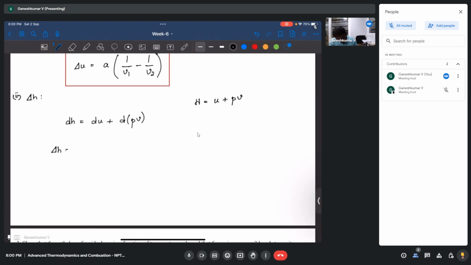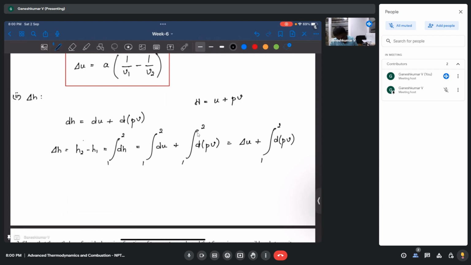To find delta H, which is H2 minus H1, which is equal to the integral of dH from 1 to 2, that is delta U plus the integral from 1 to 2 of d(PV).